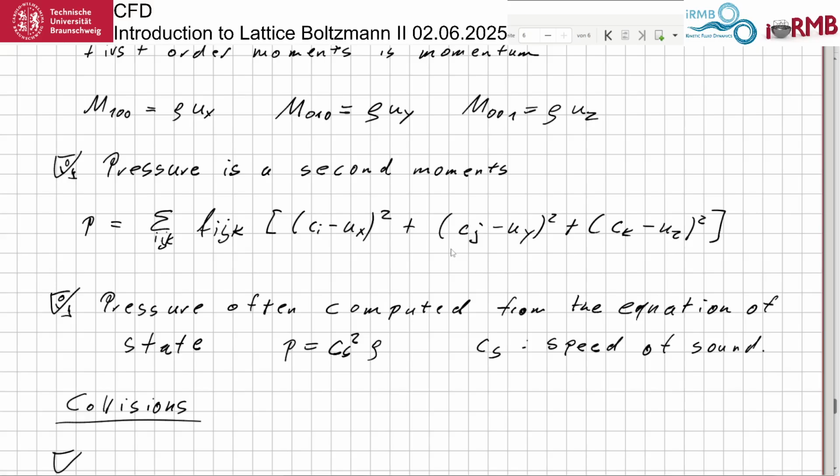In my opinion, there is a historical reason for this. As I told you last time, we know about molecules since 1905, right? But the idea of pressure is much older than that.